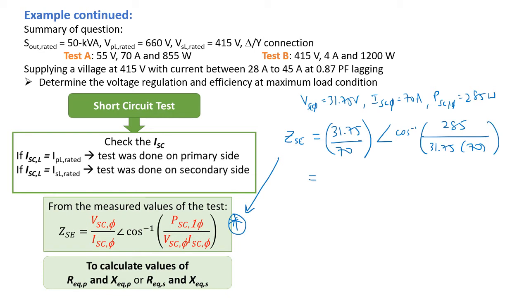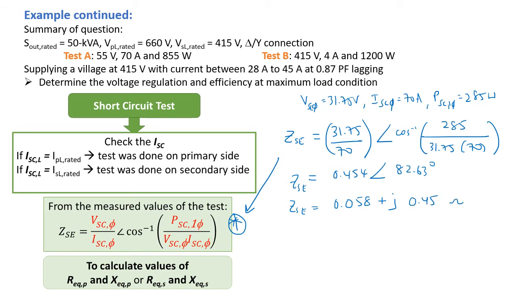So this gives us ZSE in polar form of 0.454 ohms with an angle of 82.63 degrees. And if we were to get this in rectangular form, the real part will be 0.058 plus the imaginary part j0.45 ohms.